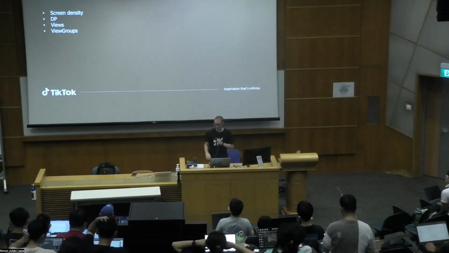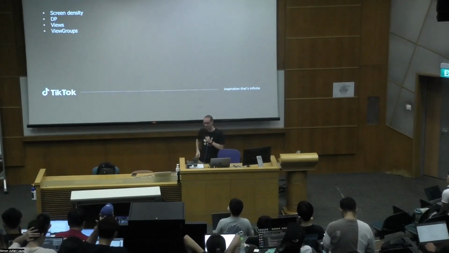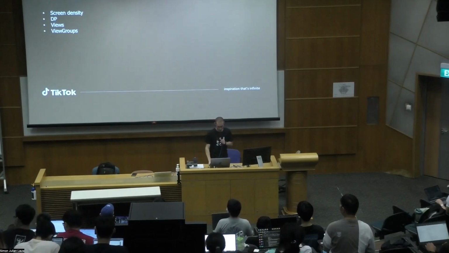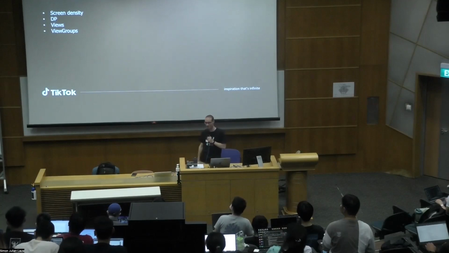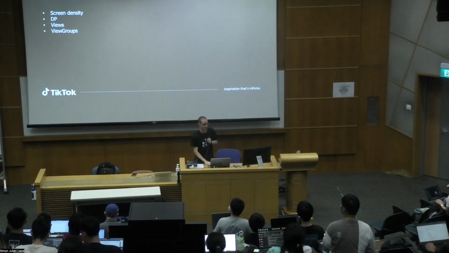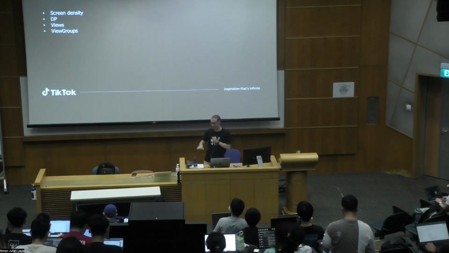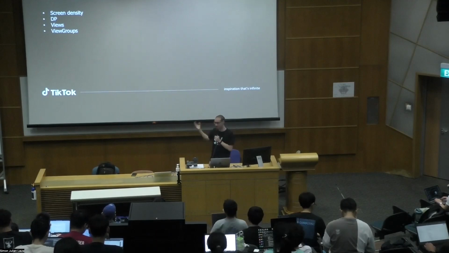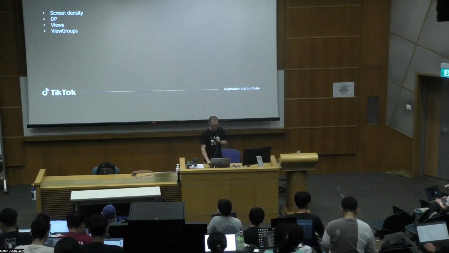So, UI recap: we have the screen density that we need to care about. Use vector drawables for images, and put all the dimensions in dp, don't use pixels. We don't use pixel measurements for mobile. And we have views, and the views are inside the view group.